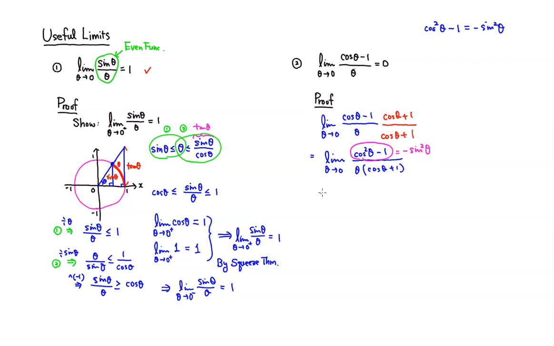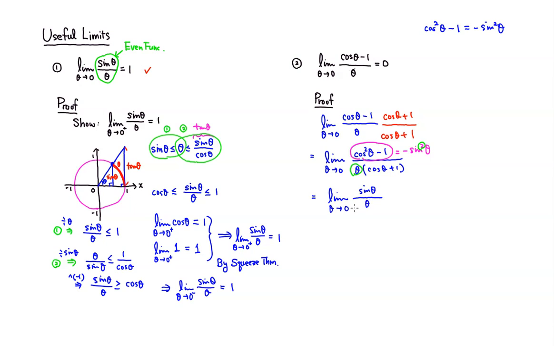Then we can just rewrite it this way. So you have a limit as theta approaches 0. I'm going to use one of the sines here, and put it here, so that takes care of one of the sines. And then I'm going to use theta because I want to pair it up with sine of theta.